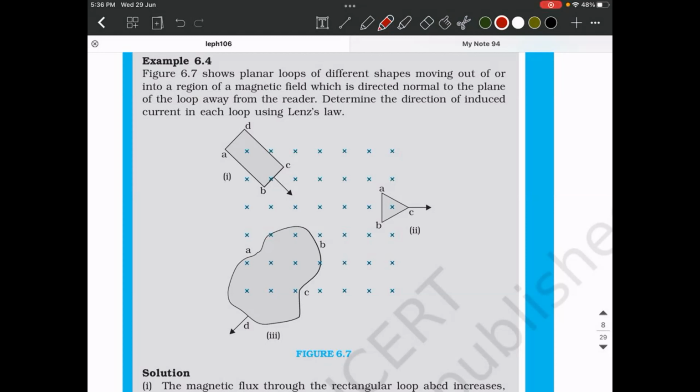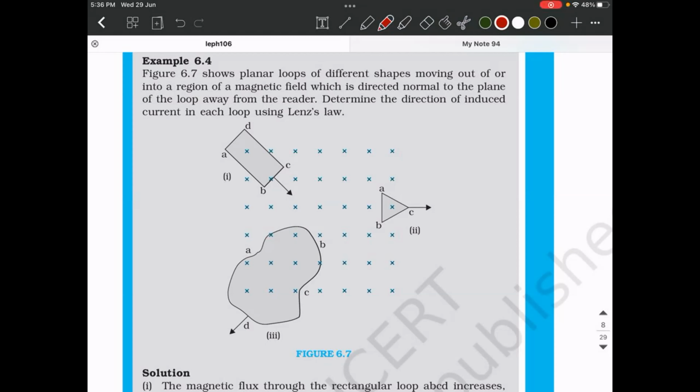Now, shall we proceed with this problem? Let's not break our heads, it's very simple. There is a small technique that we need to follow. One, they told that the magnetic field is away from the reader, so there is an into mark.